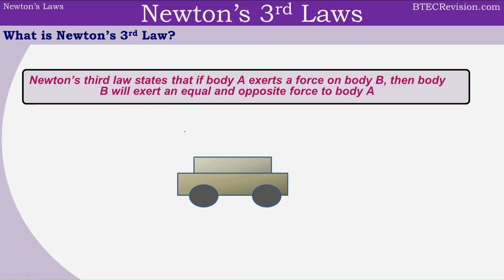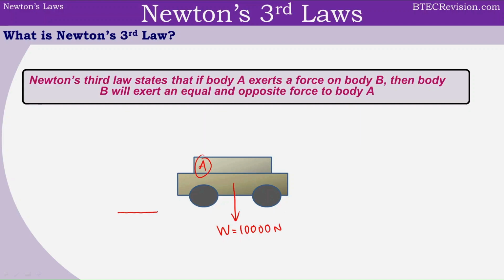Newton's third law states that if body A exerts a force on body B, then body B will exert an equal and opposite force on body A. For example, let's take this car to be body A, and it is exerting a force down due to its weight, and let's say that is 10,000 newtons.